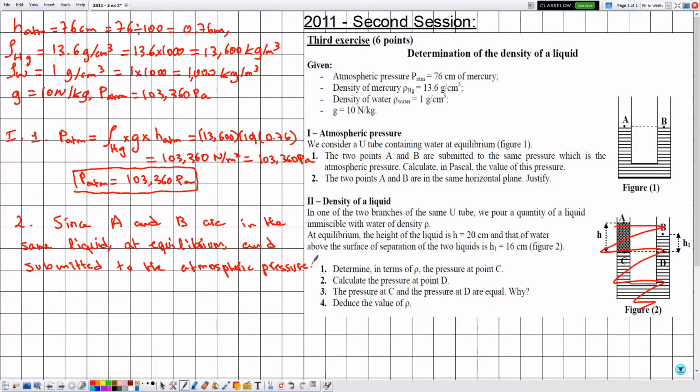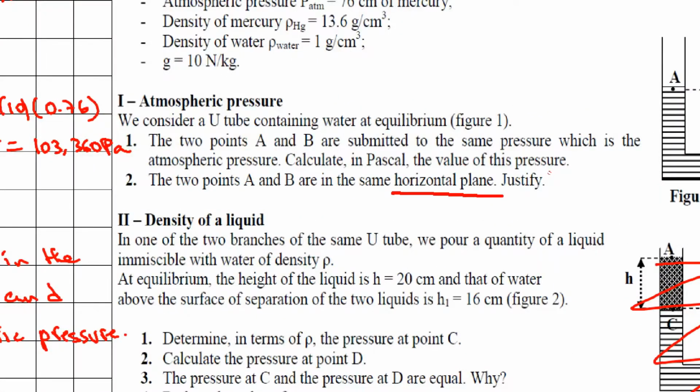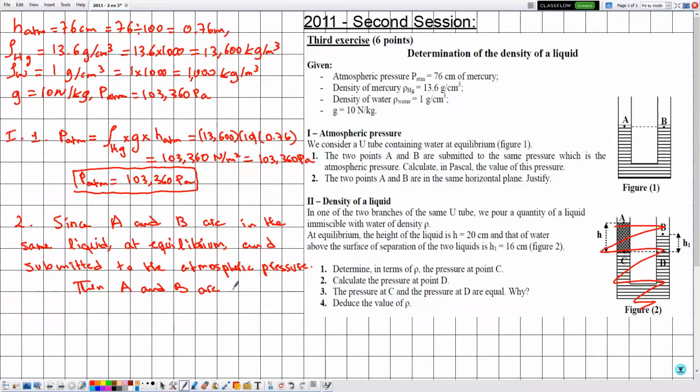Then A and B are in the same horizontal level, or the same horizontal plane.